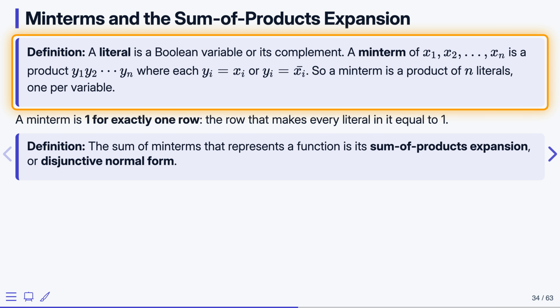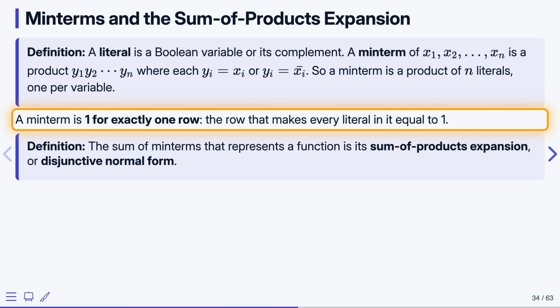Let's name the pieces we just used. A literal is a variable or the complement of a variable, such as x or bar x. A minterm is a product that uses every variable exactly once, each one either plain or barred. The special feature of a minterm is that it turns on for one row, and one row only.